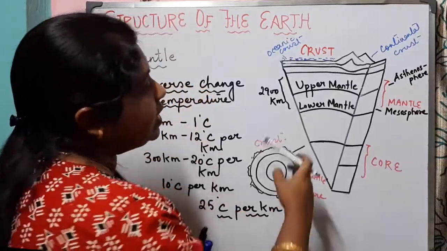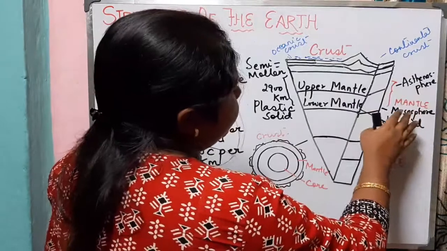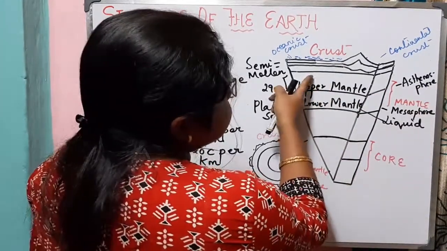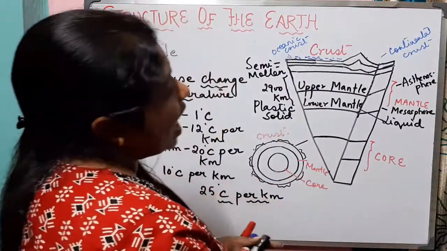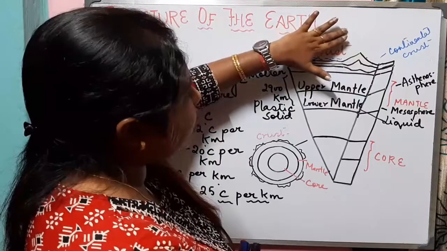So what happens in the upper mantle? The upper mantle or the asthenosphere is the weak zone. Astheno means weak. So this is the weak zone which allows the molten rock to move upwards and to reach the crust.